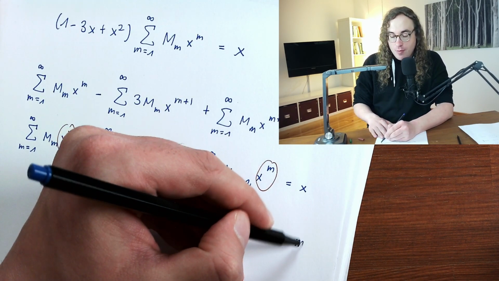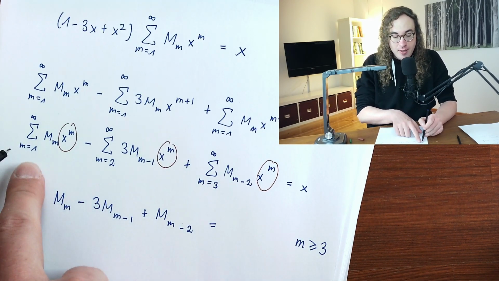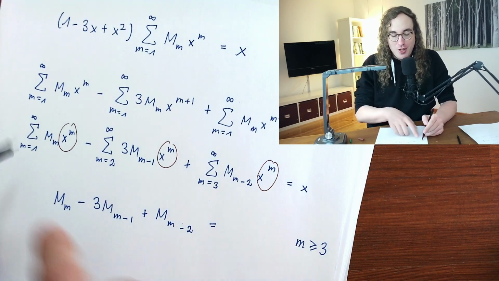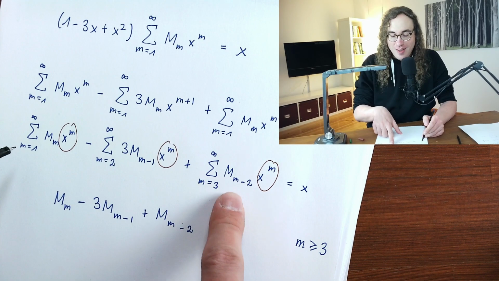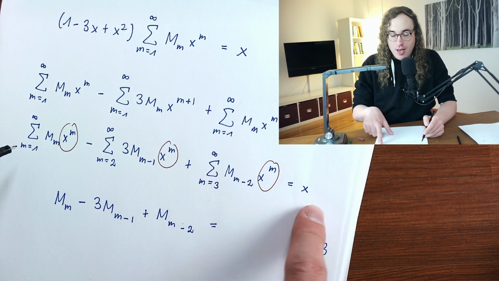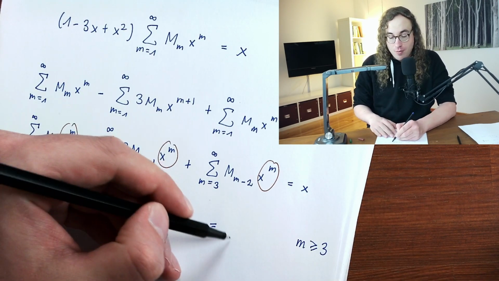So let me simply assume lowercase m is at least 3. This means that under simplification, we have started the summation, so all of these summands are really there. So we get this as the coefficient of x to the m, and because this term doesn't occur on the right-hand side, this must be 0.